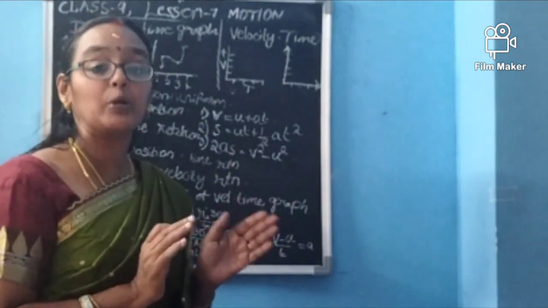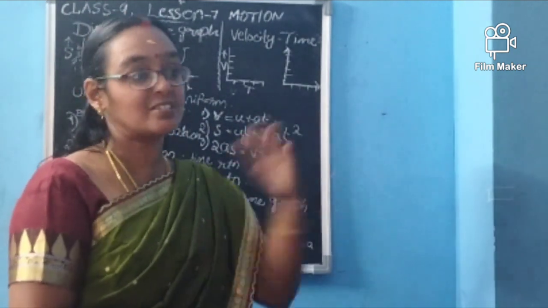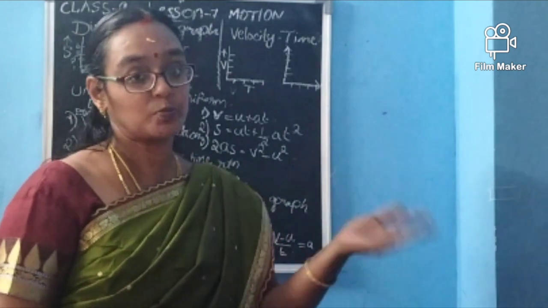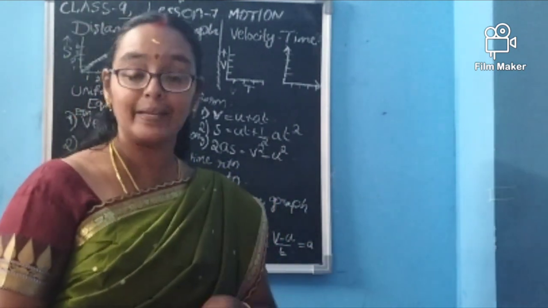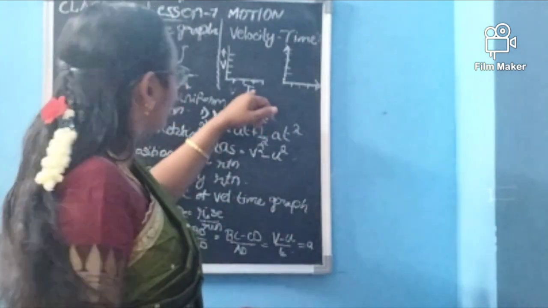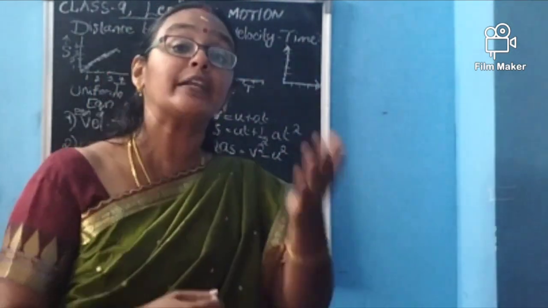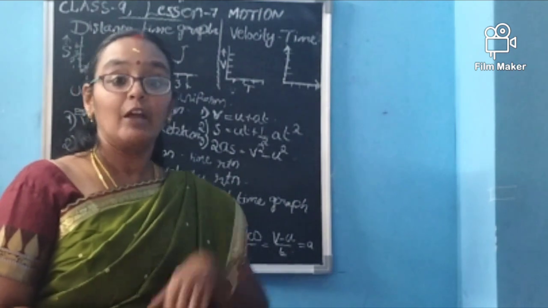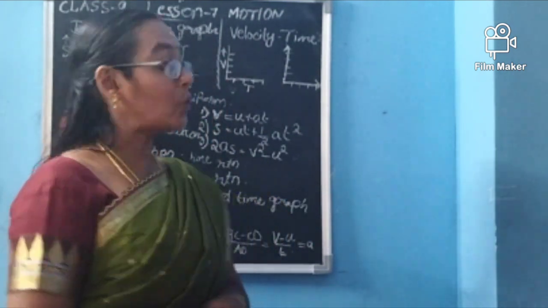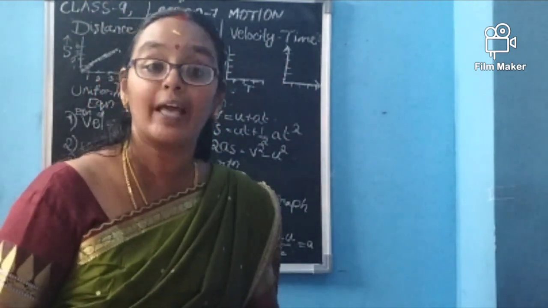There we were able to find the velocity, because distance by time or displacement by time is velocity or speed. Distance by time is speed and displacement by time is velocity. Like that, it is easy to find the velocity. But here, this is a velocity time graph. So what can be calculated? Velocity by time is acceleration. So the velocity time graph helps to find the acceleration.